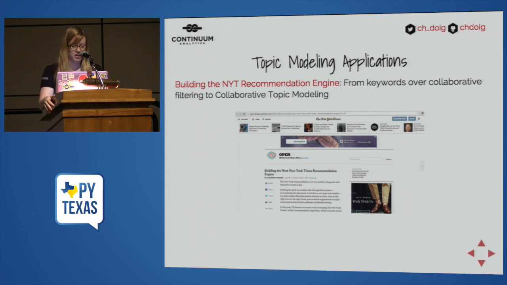The article came from how they moved their recommendation engine, which recommends articles to read, from collaborative filtering to collaborative topic modeling. It's an interesting topic, and it's being used in many applications. Here's an example of how the New York Times is using topic modeling as one of their first steps into creating the recommendation engine to recommend users what articles to read.